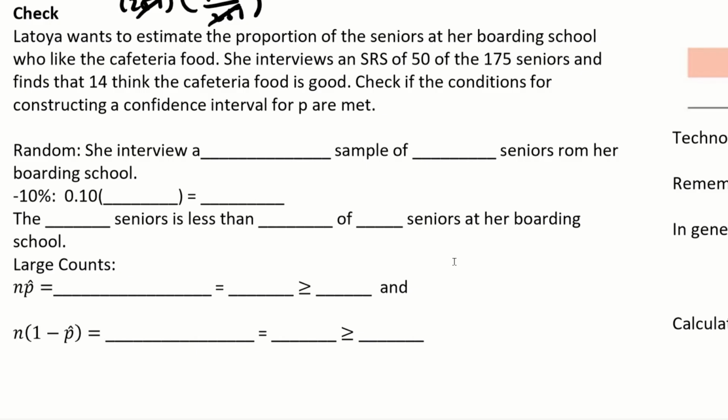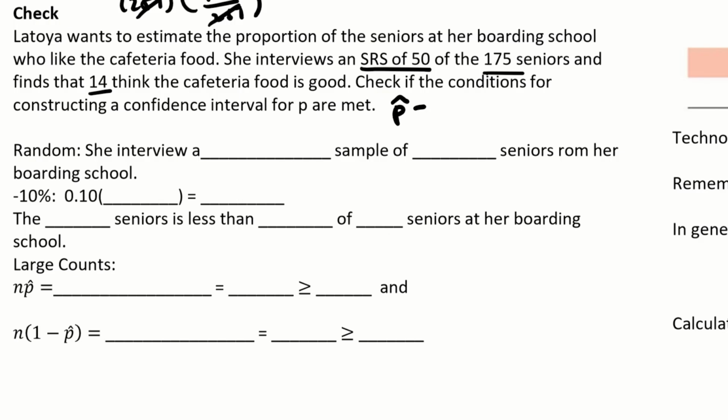All right, so the check, Latoya wants to estimate the proportion of the seniors at her boarding school who like cafeteria food. She interviews a simple random sample of 50 of the 175 seniors and finds 14 think the cafeteria food is good. Check if the conditions for constructing a confidence interval for P are met. So what is P hat?